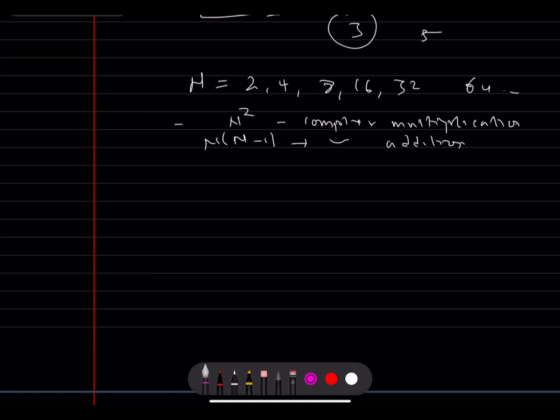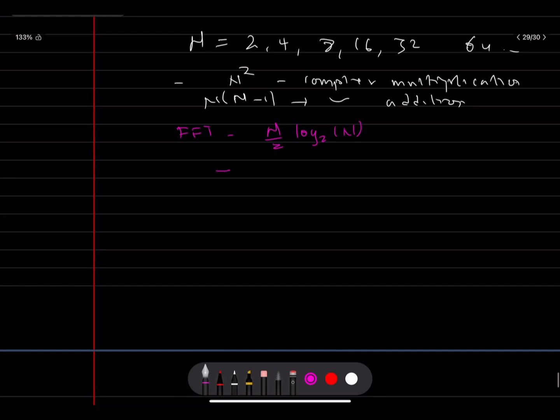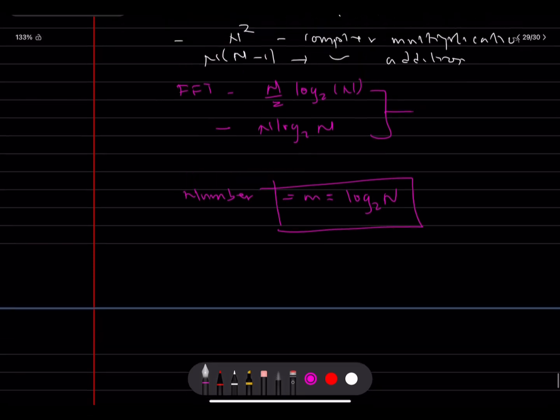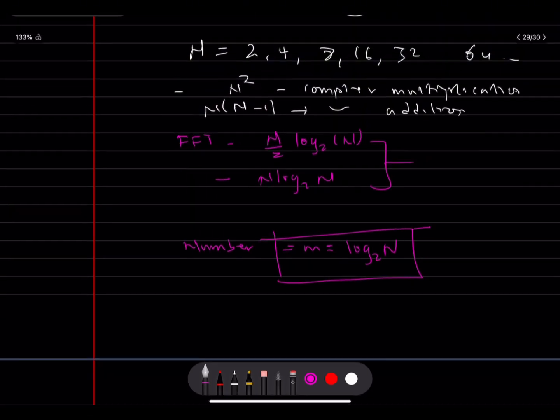So the number of complex multiplications is reduced to N over 2 log base 2 of N. And the number of complex additions is reduced to N log base 2 of N. And the number of stages needed to perform this algorithm is equal to m, which is equal to log base 2 of N. This is the number of stages. So please, let's try and keep this at our fingertips. These are very important.